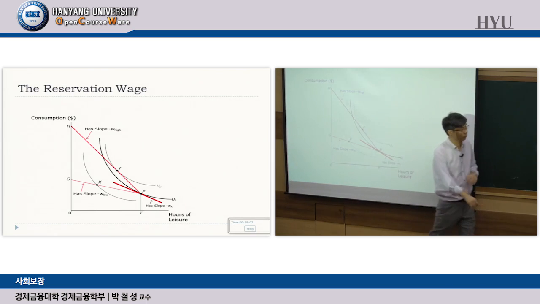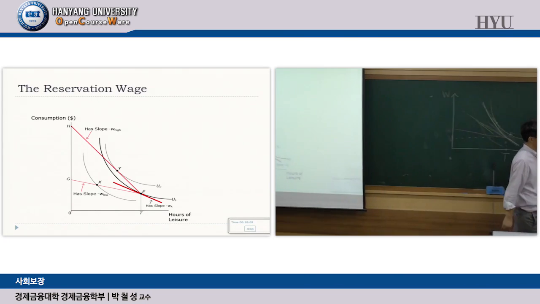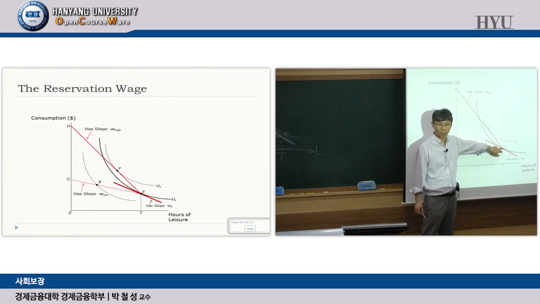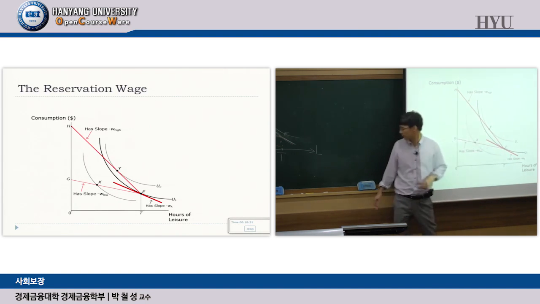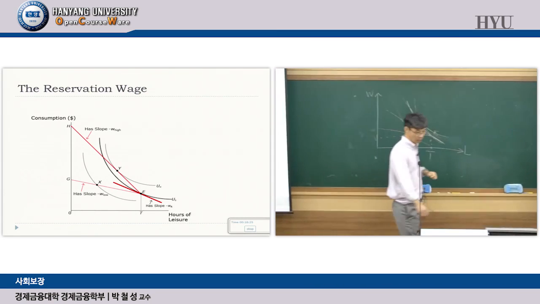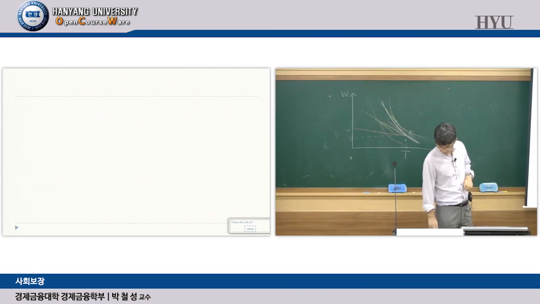Okay? So you can say that the reservation wage is given as the slope of the indifference curve at point E, the point of not working. Okay? Get it? Okay. So that's what we have found.